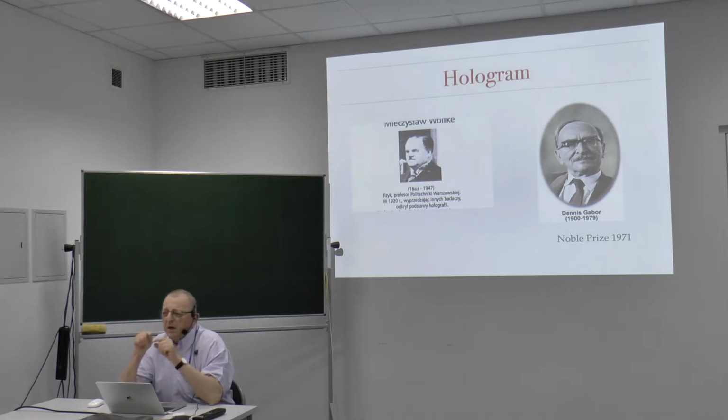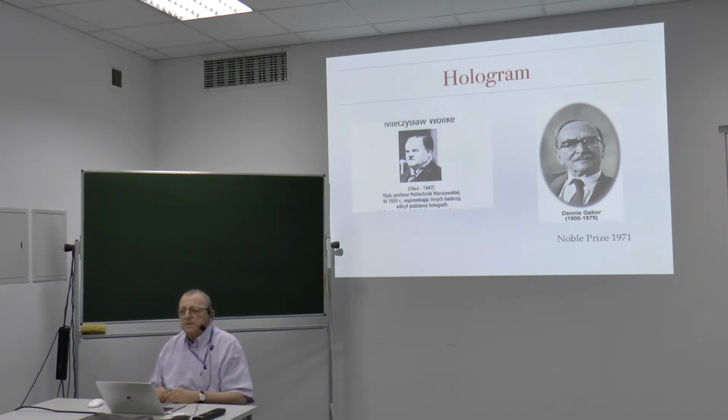In his Nobel Prize lecture, he mentioned that what he did was initiated by Mieczysław Wolfke. But of course, the rules are that you cannot give a Nobel Prize to a deceased person. But Wolfke was completely remarkable.